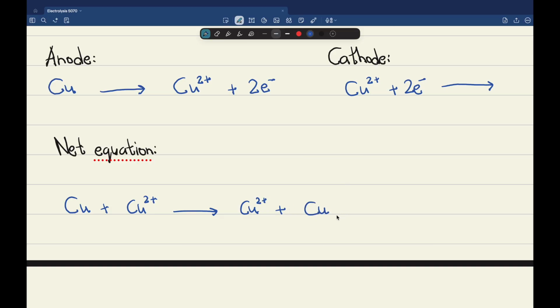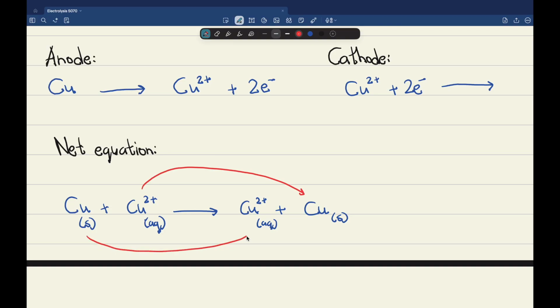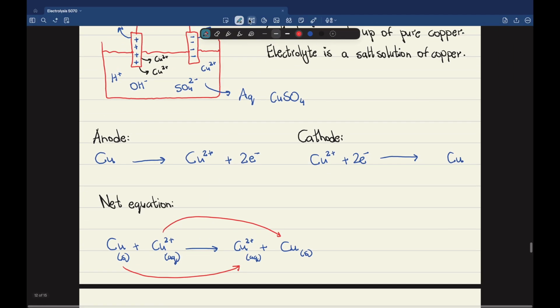This is what happens. And see, you can write the state symbols here. This is solid, this is aqueous, and the metal is always in solid form in its ground state. So what's actually happening is that this ion is getting converted into this, you see, and this solid is getting converted into this. So this is the net equation, right? This is essentially what is happening.